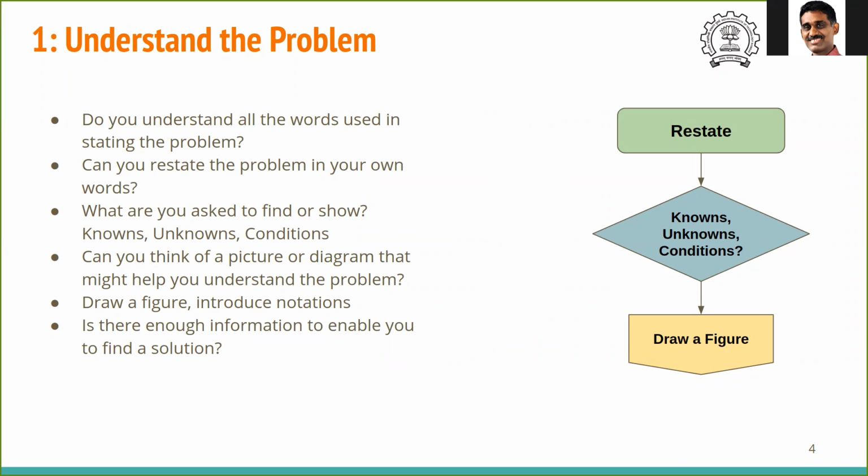Then another important aspect of understanding a problem, particularly one in engineering, is drawing a picture. It's very important that you draw a picture of what is happening as described in the statement.